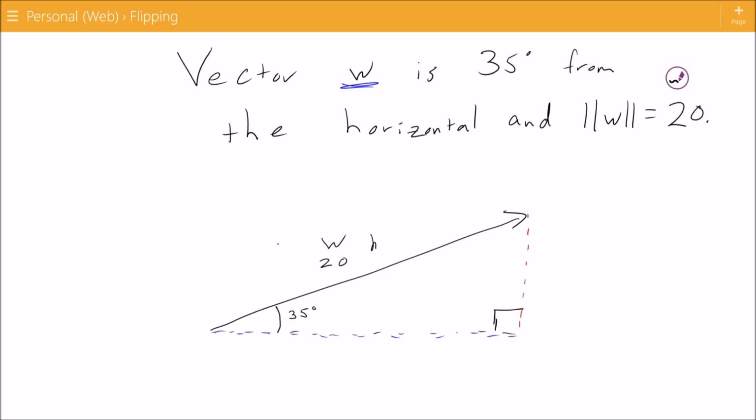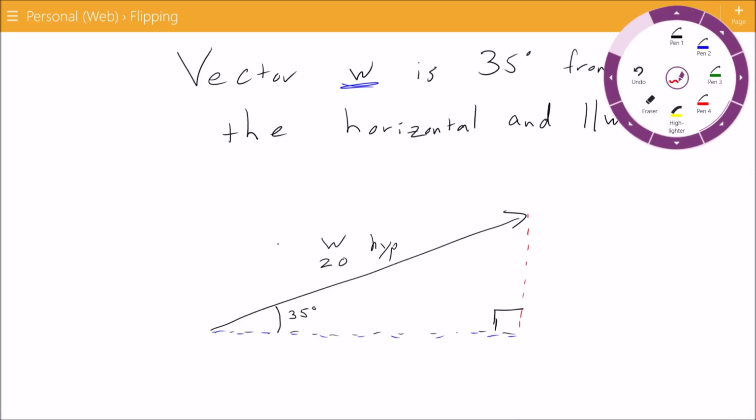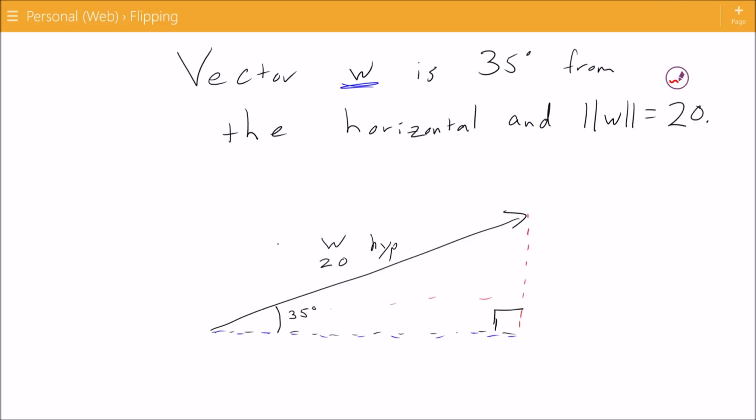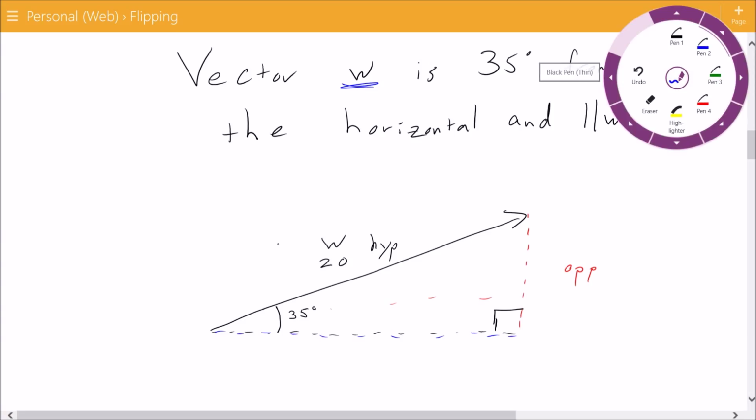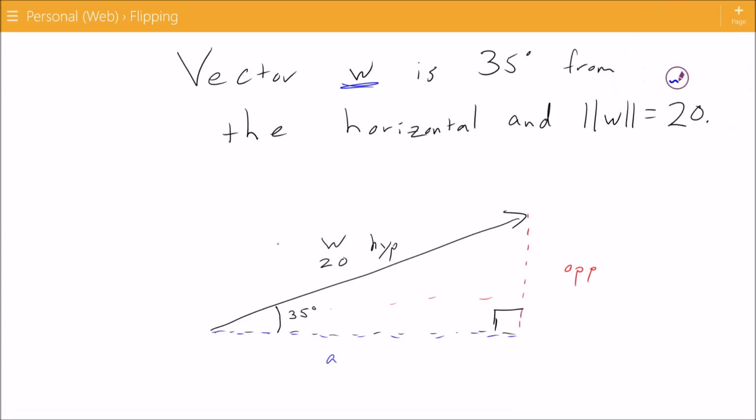This would be your hypotenuse. So I've got an angle, I've got a hypotenuse. Now I can solve for every other side of this right triangle. Since I've got my angle right here, this is going to be my opposite side. And similarly, this would be my adjacent side down here.